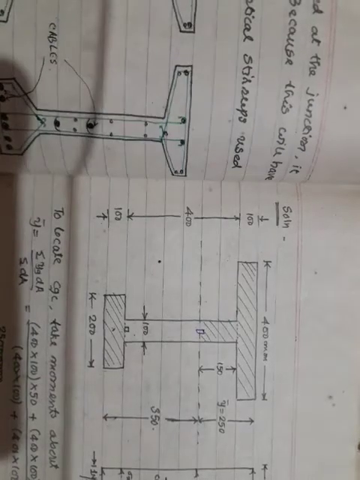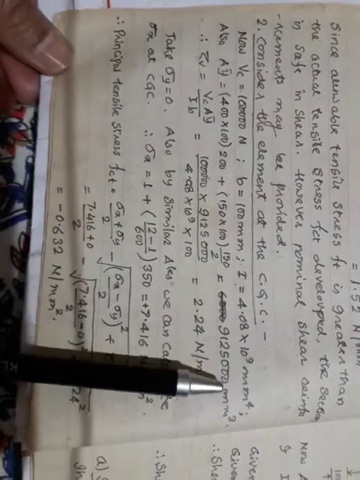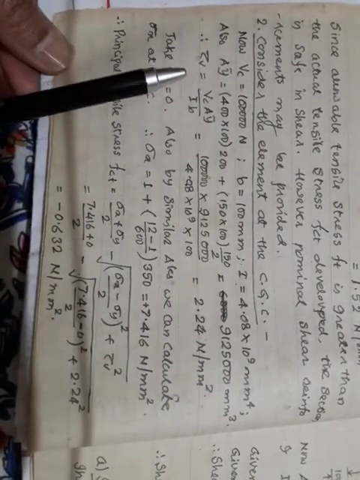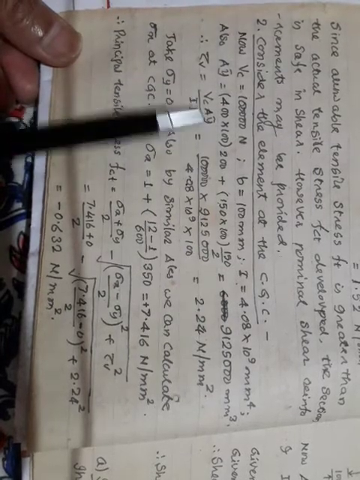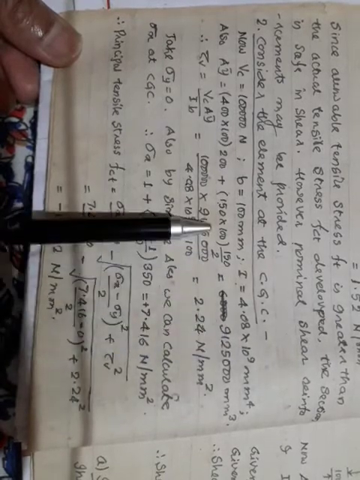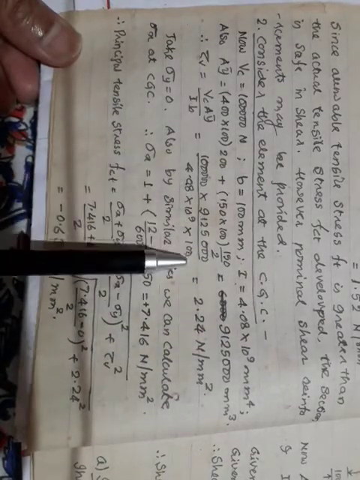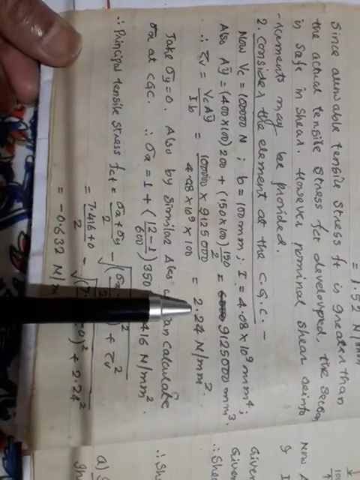So A y bar works out to be so much. Now tau v can be easily calculated. It is Vc A y bar divided by Ib. Vc you know, A y bar you have just calculated, I you know, and the breadth is 100 mm. So your tau v works out to be 2.24.